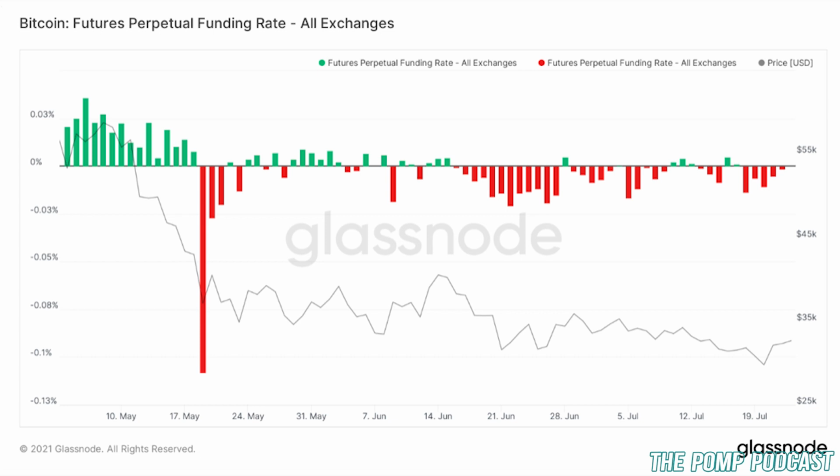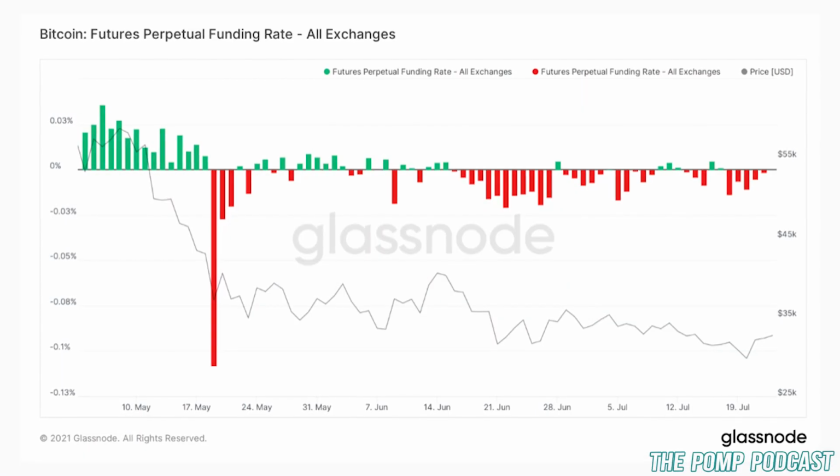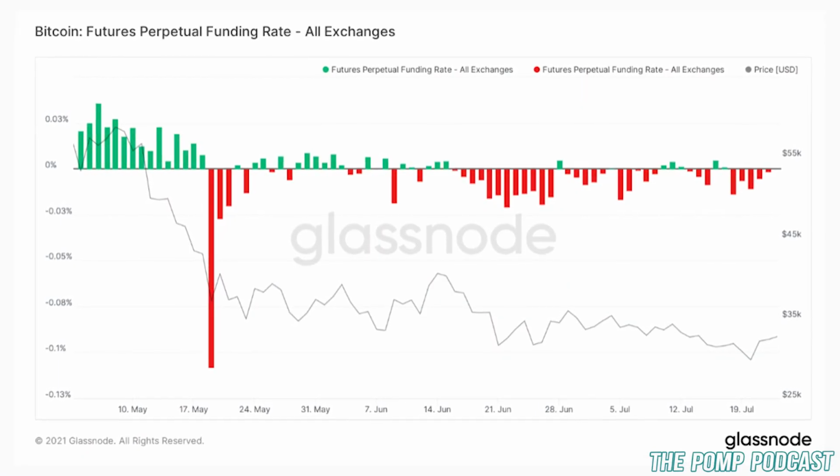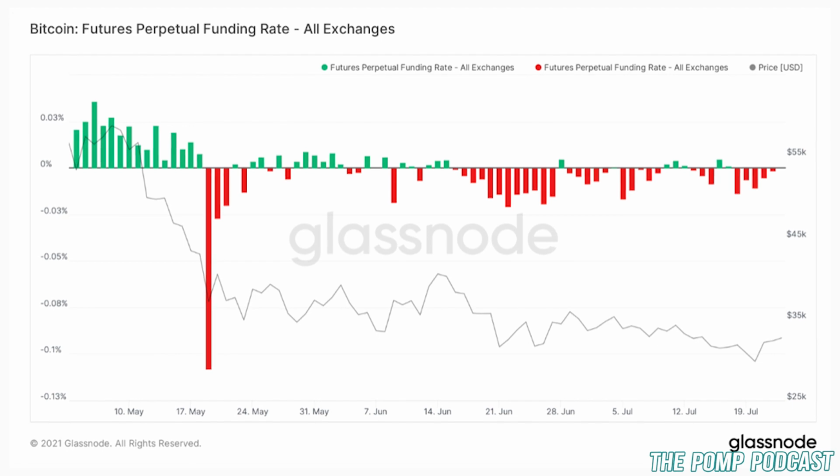When the perp is trading at a premium to spot, the funding rate is positive, versus when it's trading at a discount to spot, you have negative funding rates. So prolonged funding rates that are negative are bullish. Prolonged funding rates that are positive are bearish. And what we've had is prolonged negative funding rates since late May, with a couple of days here and there positive, but overall negative.